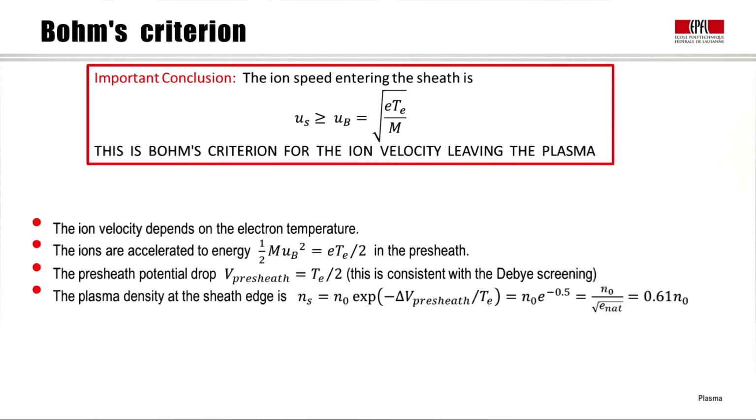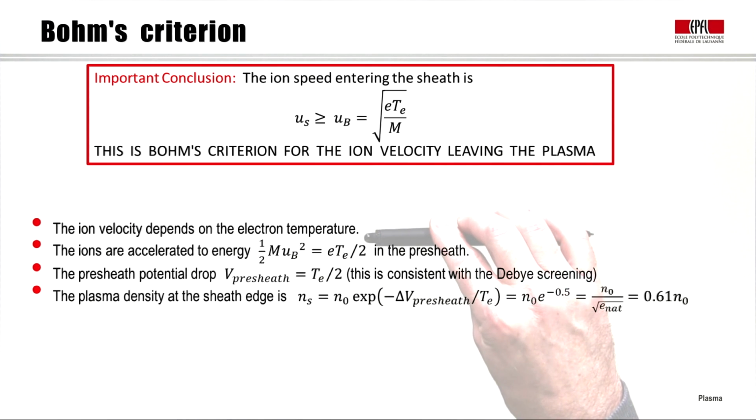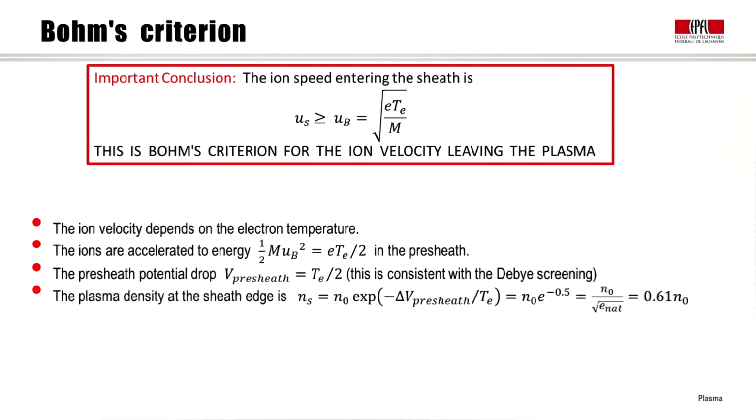The Bohm criterion is an important factor in sheath physics. Therefore, we will repeat it here and discuss the conclusions. That is, that the ion velocity depends on the electron temperature. The ions are accelerated to an energy half mUb squared as they enter the sheath.